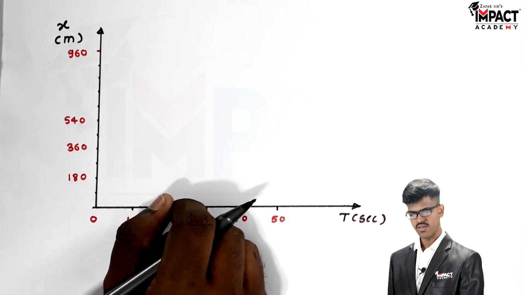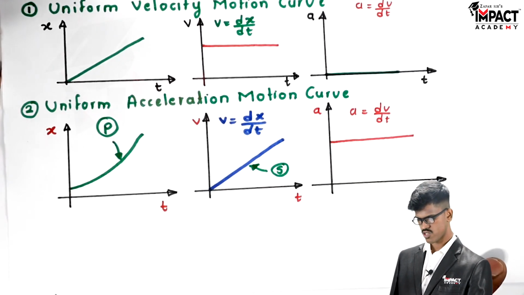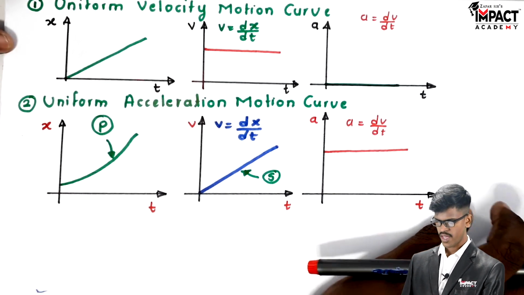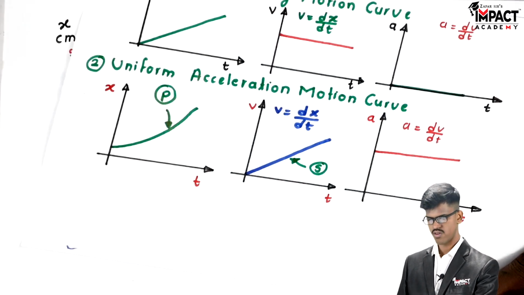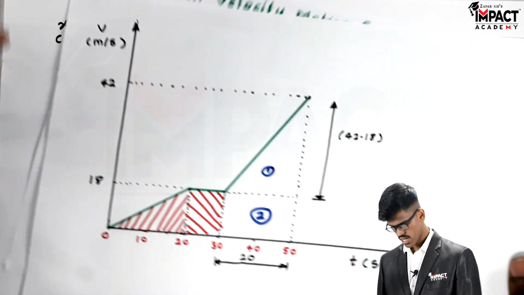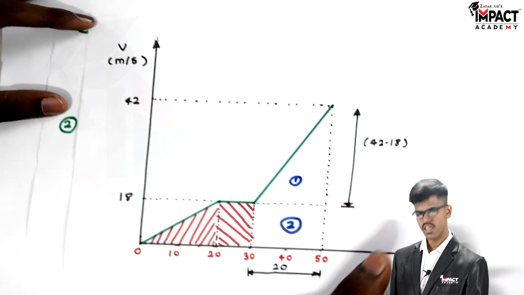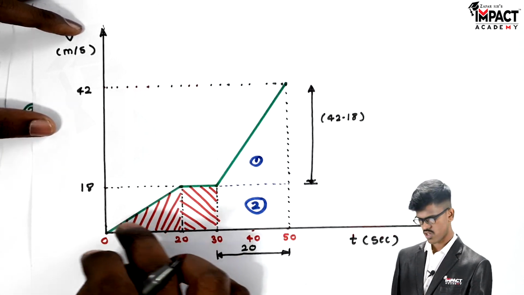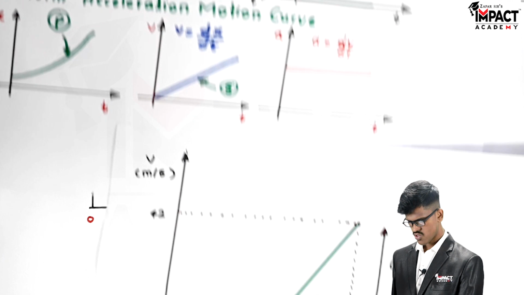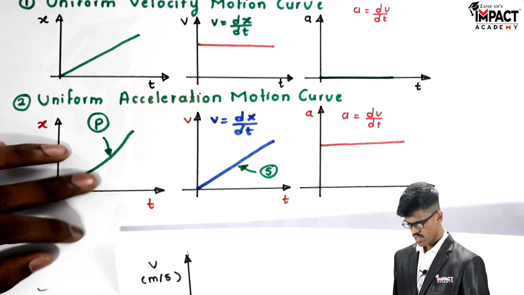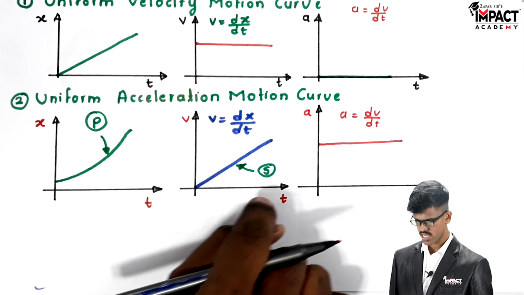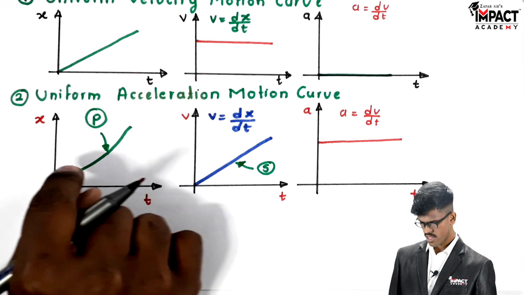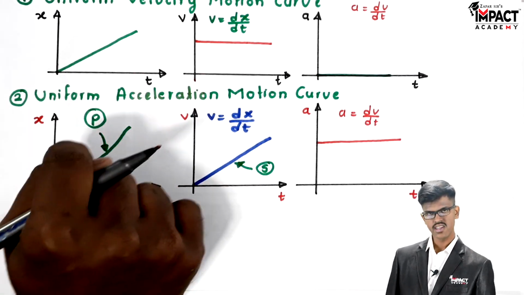So we already studied uniform velocity motion and uniform acceleration motion curves, the standard uniform acceleration motion curve. Okay, so we have this graph here. It is a VT curve. If it is a straight inclined line, that is uniform acceleration motion. So here, the rate of change of velocity is constant, and if it's an inclined straight line, then the x will be parabolic in nature.